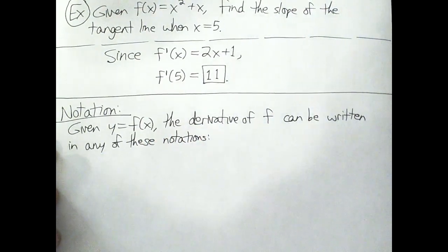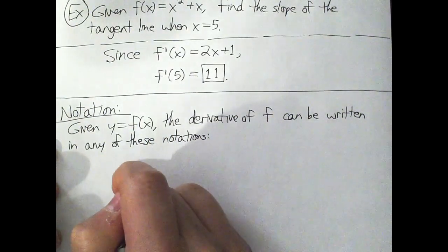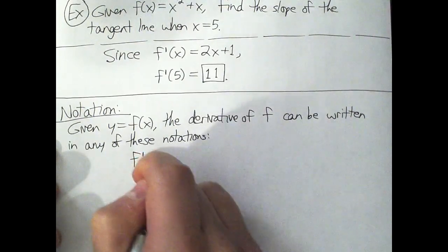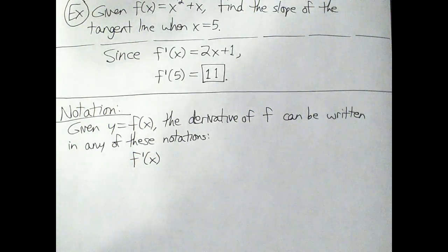We've only said one of them so far, but in fact there are going to be 6 of them here. Here's one of them, f prime of x. We know that that is notation for the derivative of f.